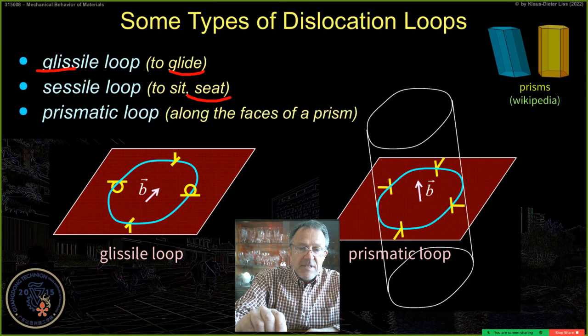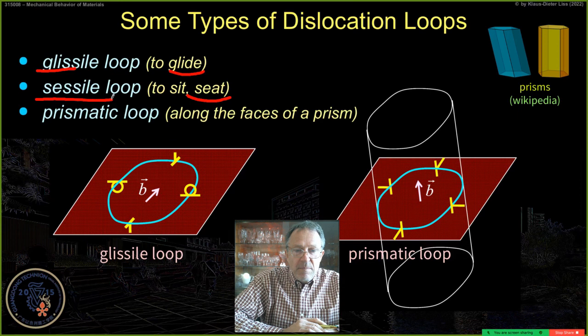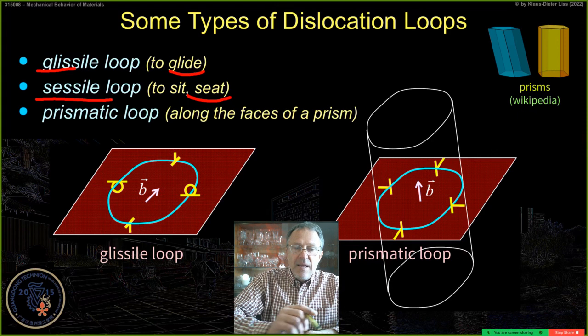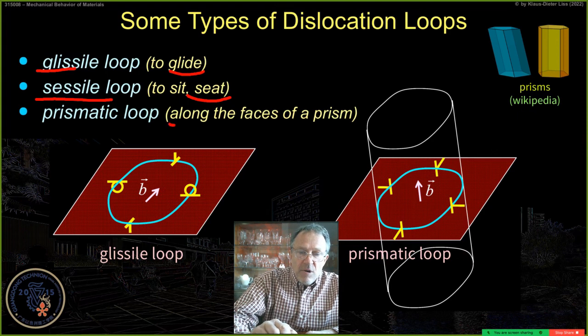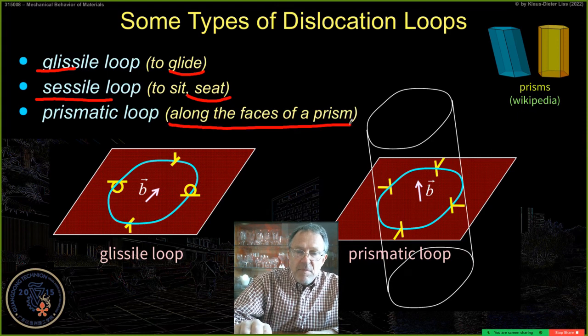Sessile comes from to sit, or a seat. So it's sitting there, it's sessile. Please remember this vocabulary, because that's quite common in literature. And then we also have another vocabulary, which is the prismatic loop. Prismatic because the loop is along the faces of a prism.